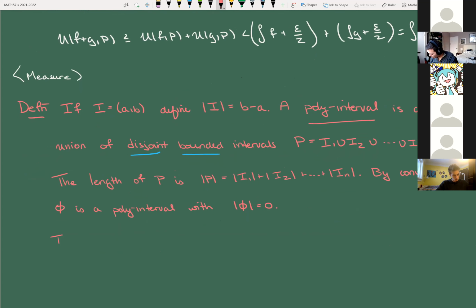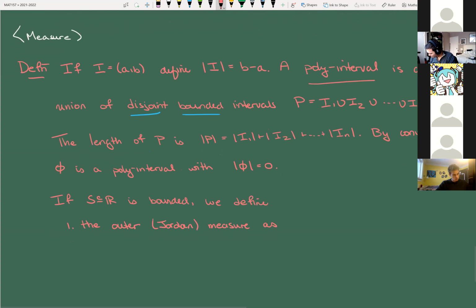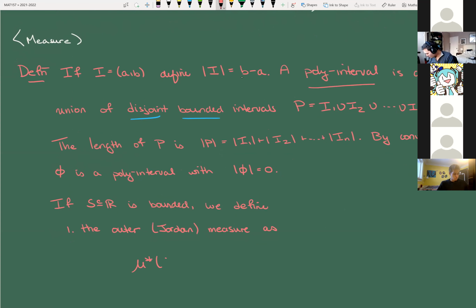All right. So if S is bounded, we define the outer measure, this is technically the outer Jordan measure, as: mu star of S is the infimum of the following set.